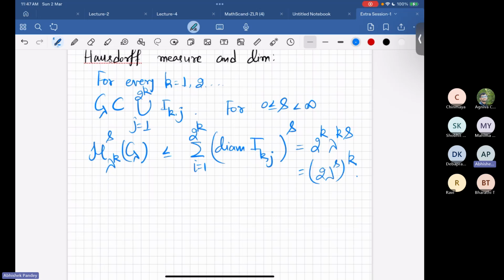Okay, so this upper bound, to be useful as k tends to infinity, we need this upper bound to remain bounded.